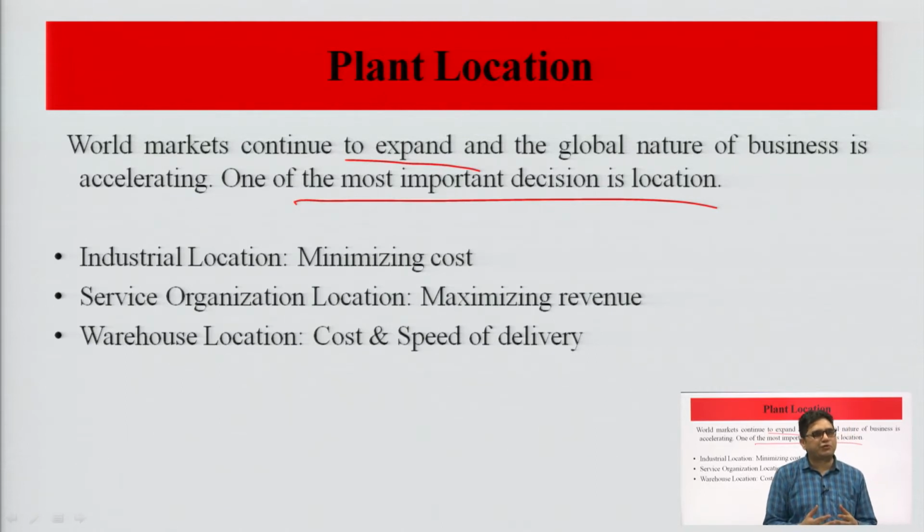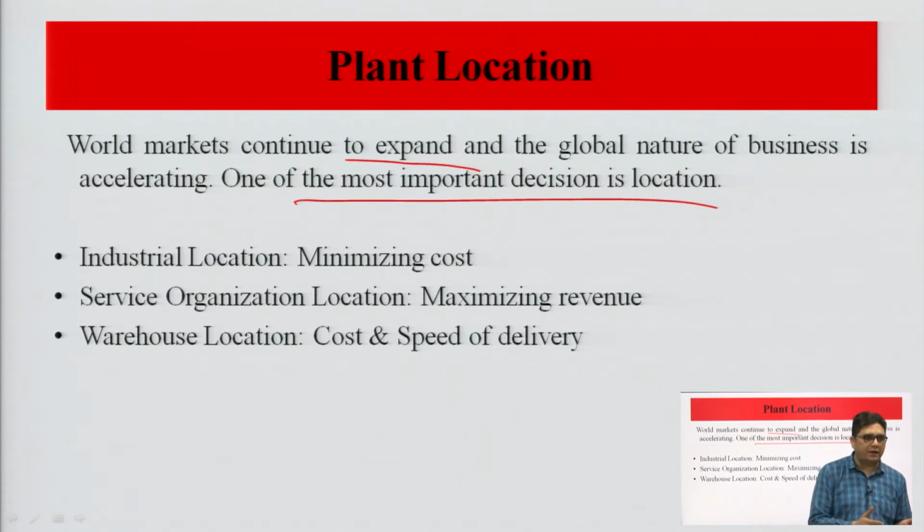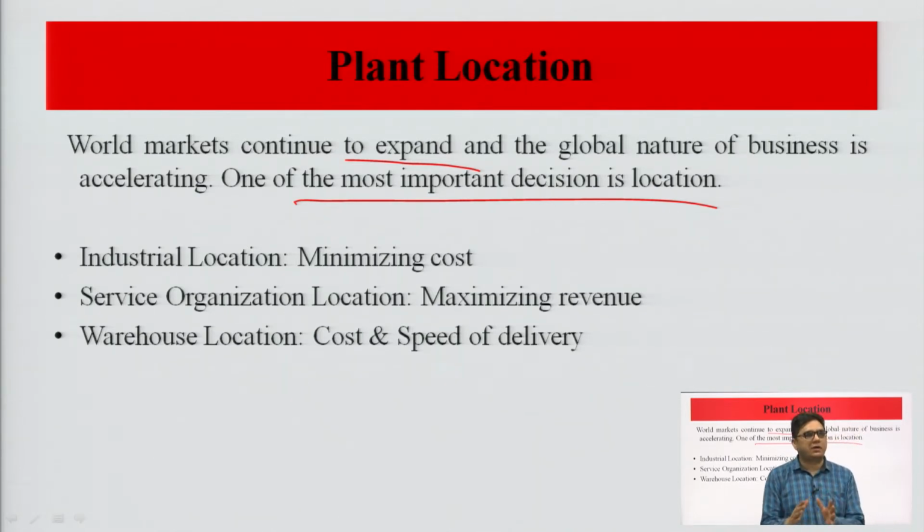In the context of the international market, maximum companies are in search of or establishing their plant in China and India, realizing that these are the two largest markets, and that the future demand for their goods and services will be driven from these two Asian markets.